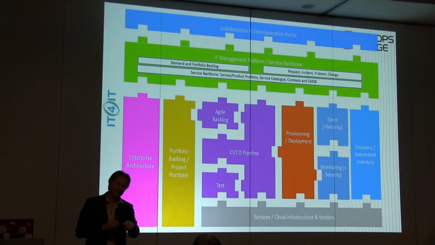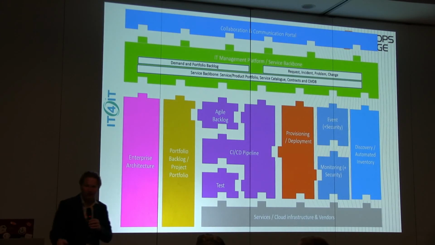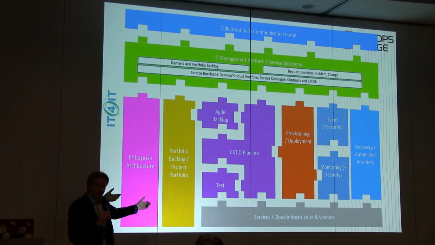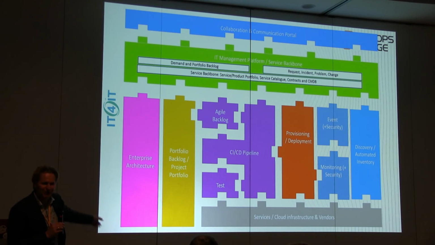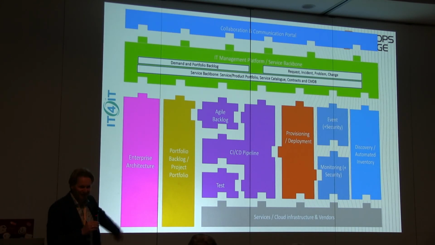If there's an incident in production, we can trace it back: yes, it has been tested, yes, there was a story. As long as, at the time of doing the build, you tag it with the right product code or the release ID, have at least something tagged.